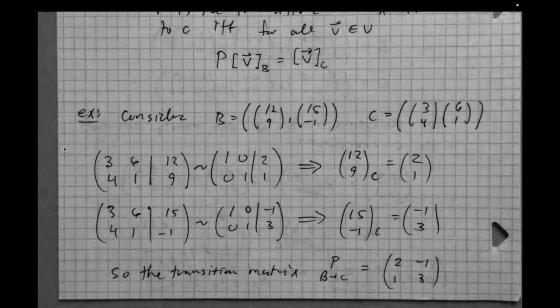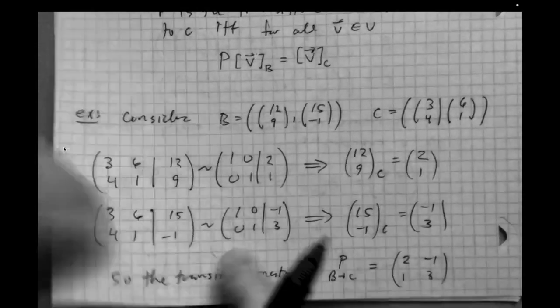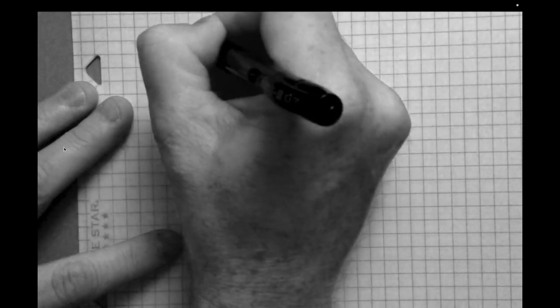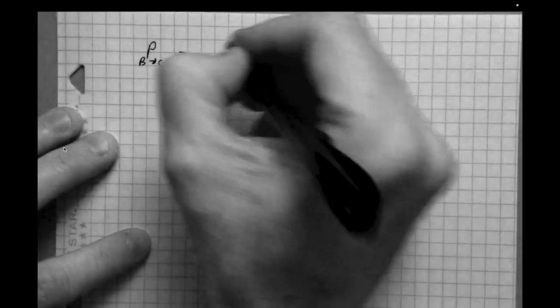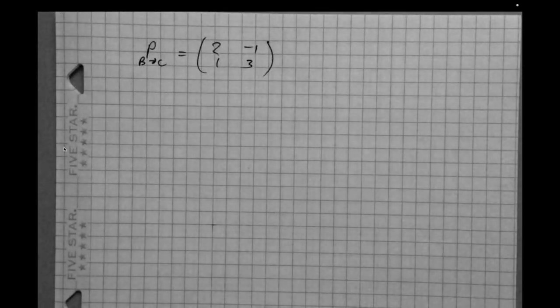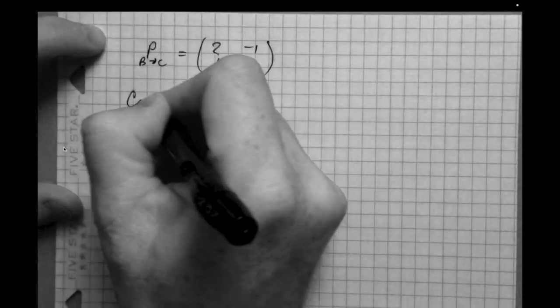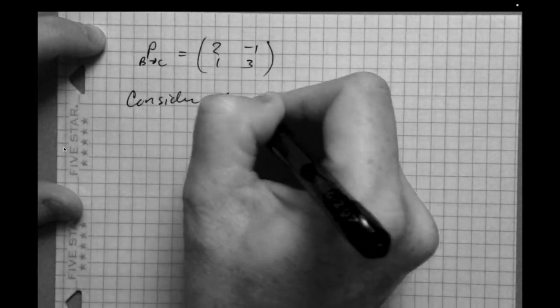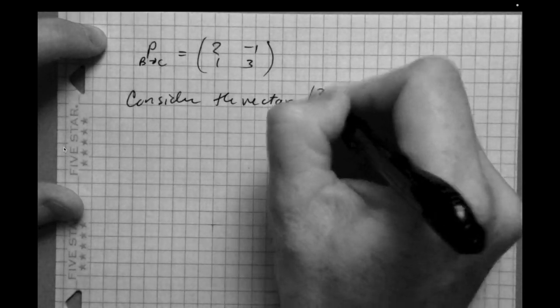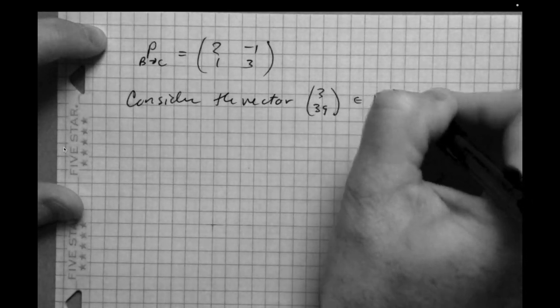Okay. All right, so we flip pages here and we can talk about what this is. So I've got P from B to C, and I'm saying that's equal to 2, 1, -1, 3. Okay. Now let's consider a random vector in R2. And I'll just say 3, 39 is the vector in R2, right?